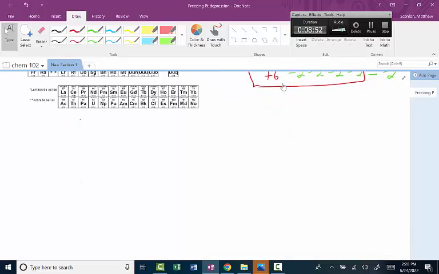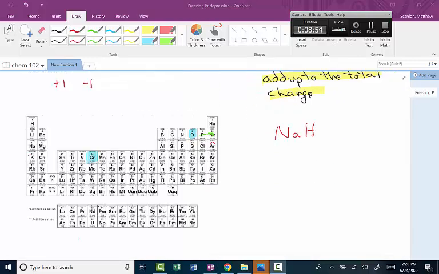Do a couple more of these. Okay, here's a hard one, NaH. So we'll look over here. Na and H are on the left side. H wants to be plus 1 and sodium wants to be plus 1, but they can't. And so the more electronegative will be negative. So the hydrogen must be minus 1, which works because it gets us to the noble gas configuration of helium.